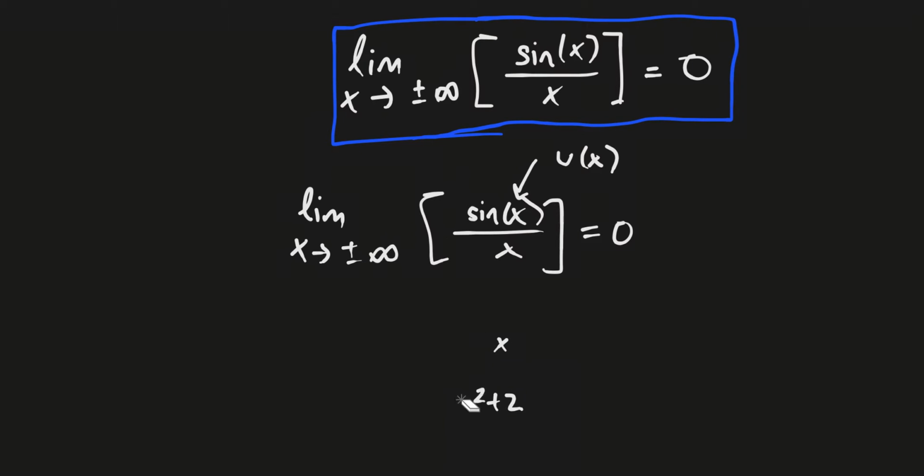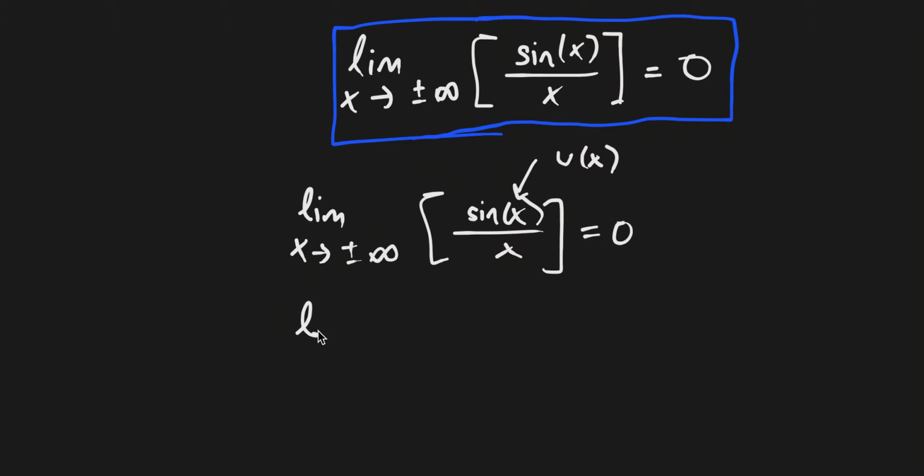But in this case, when we have infinity, u of x can be anything. It doesn't have to be a function where each of the terms has x in it. It can be something like x squared plus 2 or x cubed plus 4x plus 5. This works completely okay as well. So you don't necessarily need to have x in each term, which is another thing you have to know.